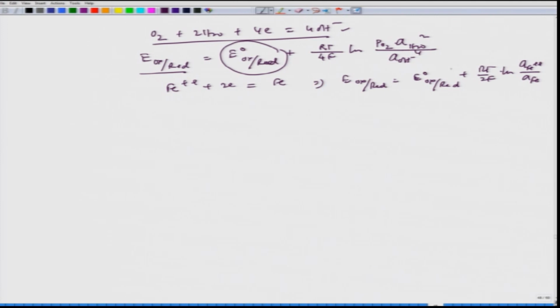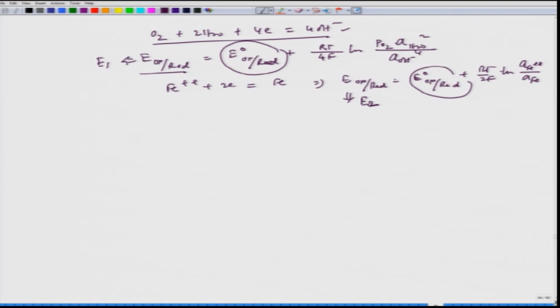Here also we are making use of the standard reduction potential, but we are seeing the difference between this, which is E2, and this, which is E1. That difference between E1 and E2 is what we are using to construct the galvanic series.